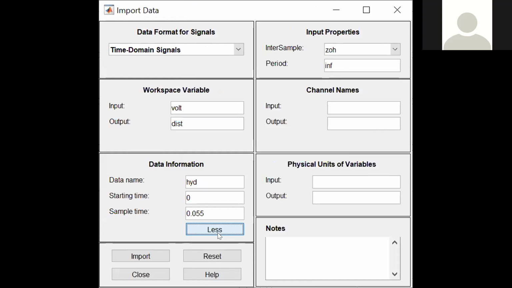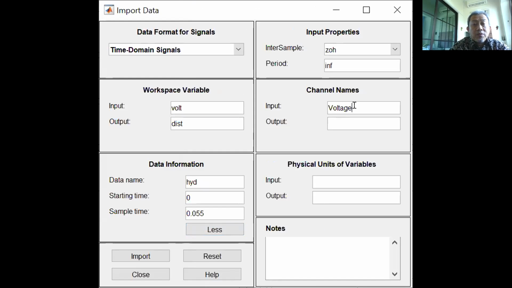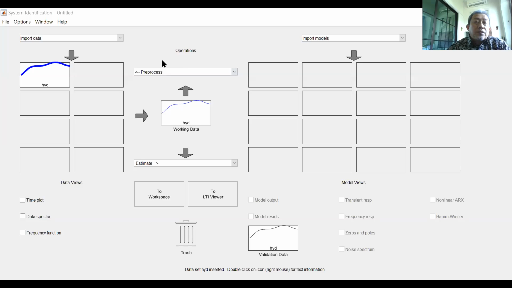55 millisecond eh. So voltage, displacement, V, okay. So import. So tengok dia punya time plot.